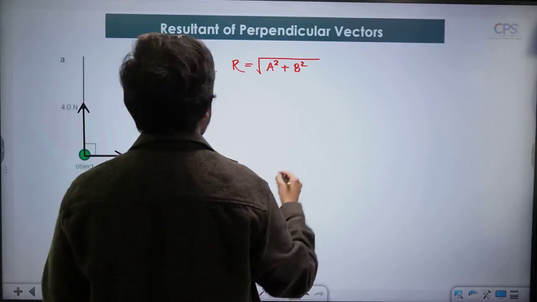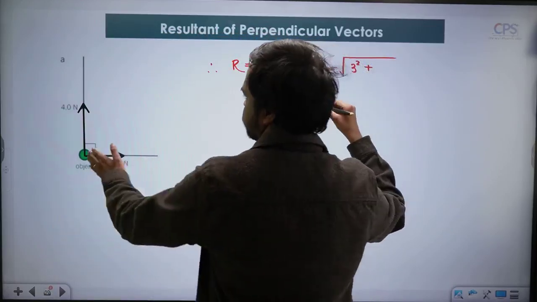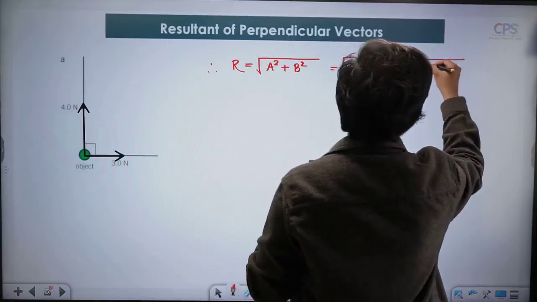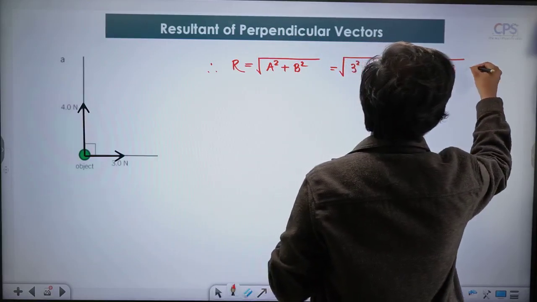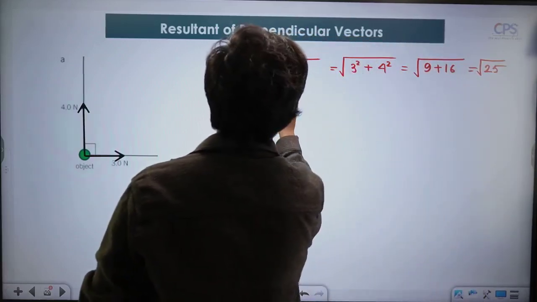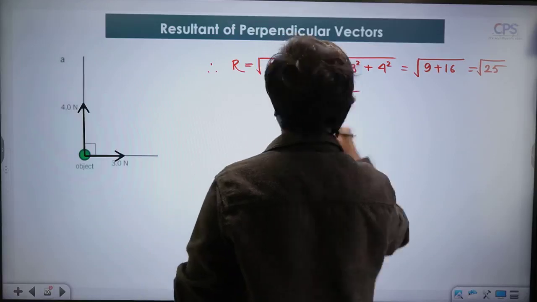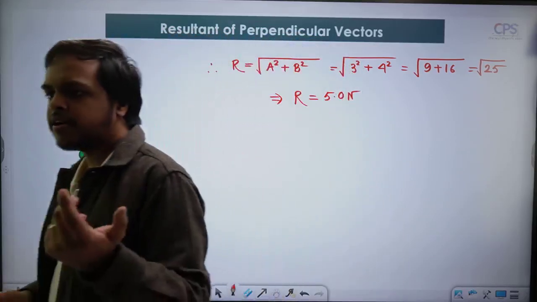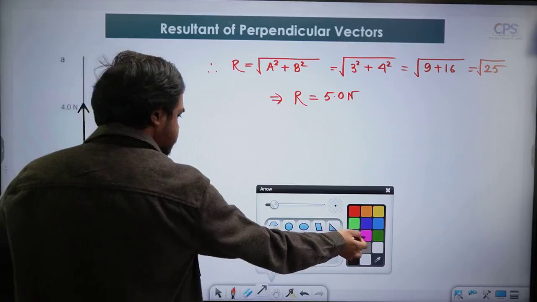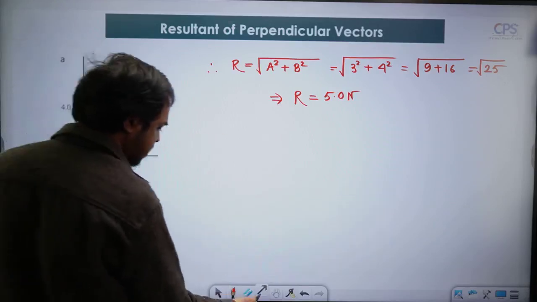Let's assume this is A, this is 3 square, and let's assume this is 4 square. So, root over 9 plus 16, root over 25, or R equal to 5 Newton. Done. As easy as that. We have already gotten the value. See? Easy peasy lemon squeezy. It's so easy. You have gotten the value.